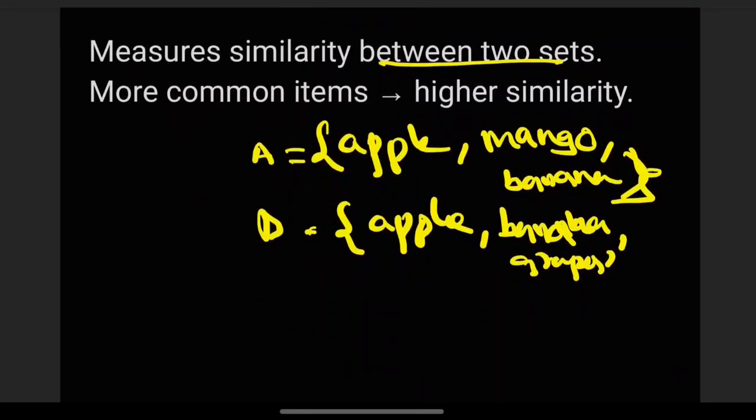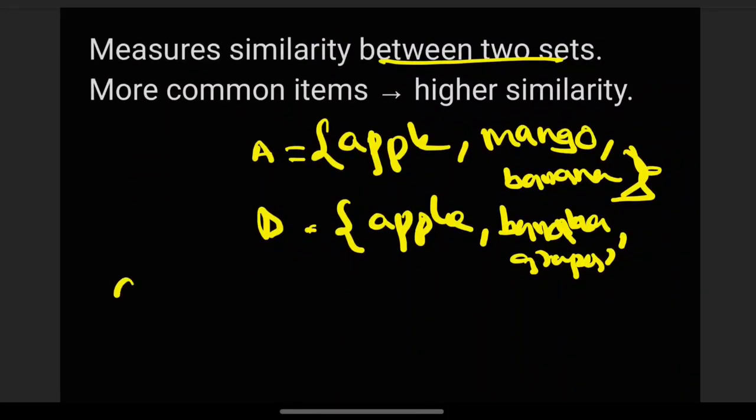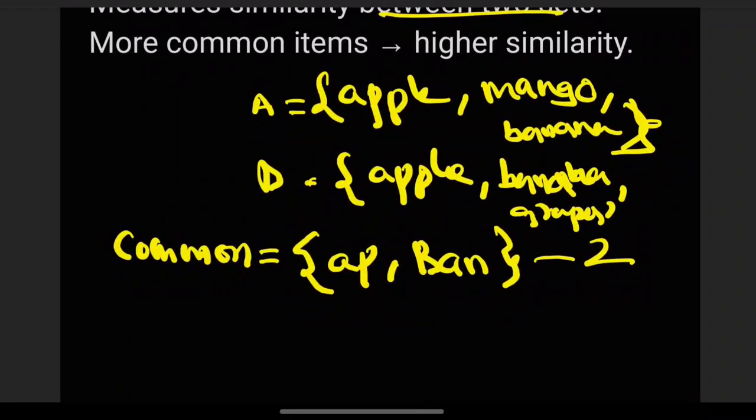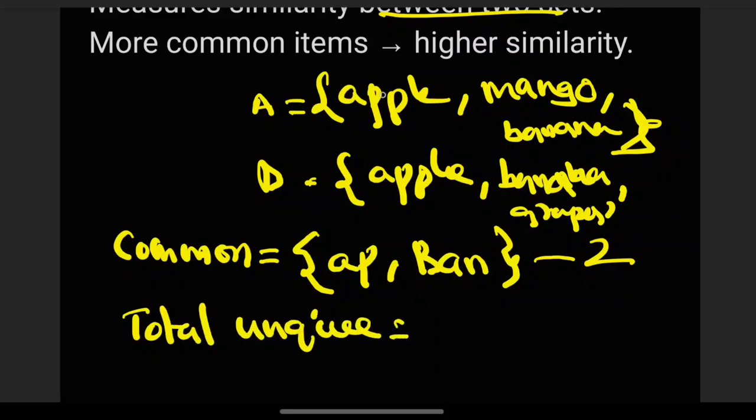What the Jaccard coefficient does is pick out the commons. What is common in this example? Apple and banana are common, so two are common. The total unique names in this set are apple, mango, banana, and apple again repeated, so I count 3, and grapes. So 4 unique names are there.